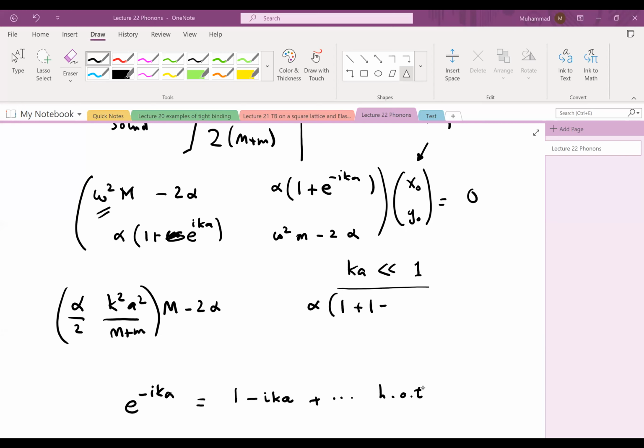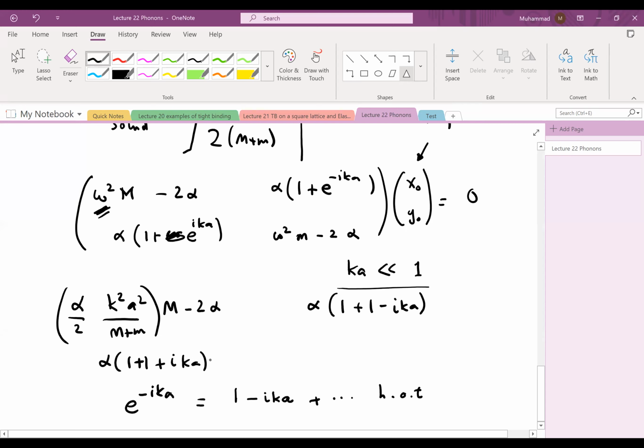All right, so I'm back. So what we could do now is we could just insert this value of omega square that we have derived in here and expand this as 1 plus 1 minus iKa, alpha 1 plus 1 plus iKa.